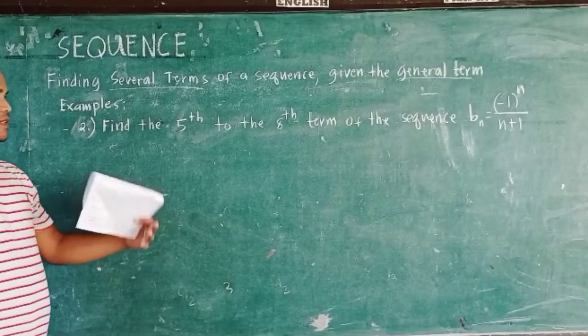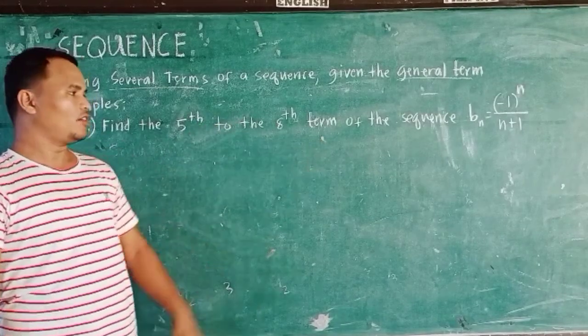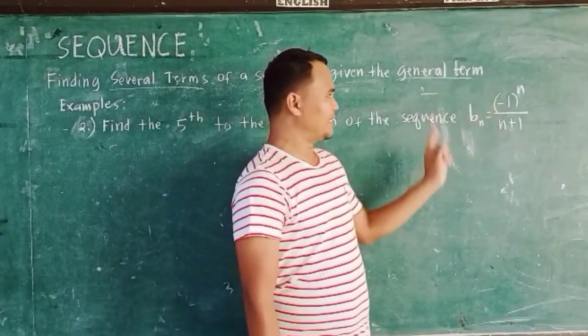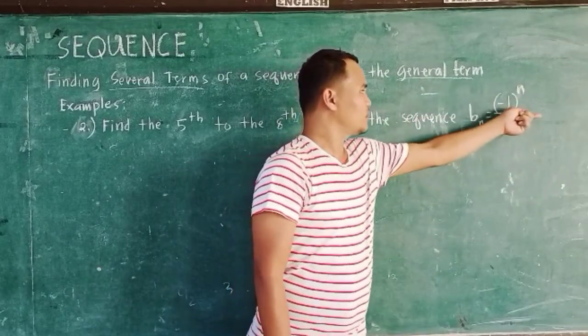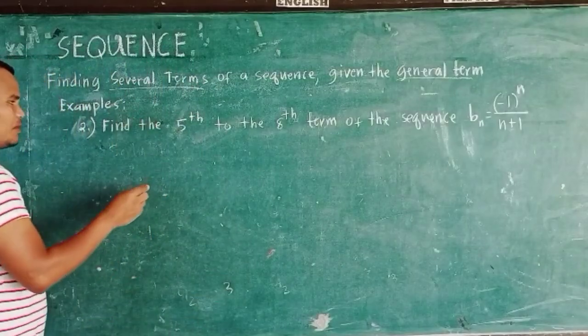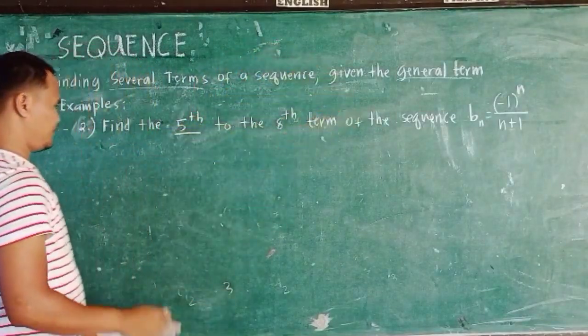Next, example number 2. Find the fifth to the eighth term of the sequence b sub n equals negative 1 quantity raised to the power of n over n plus 1. So in this problem, we are asked to find the fifth to eighth term.